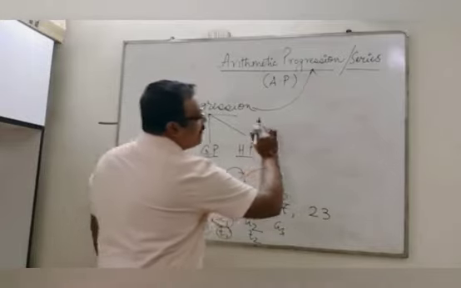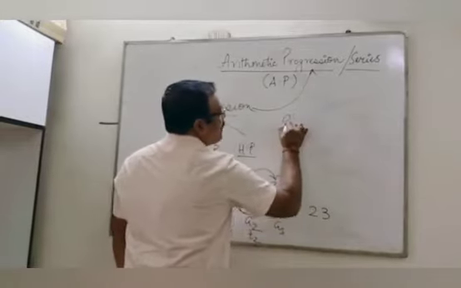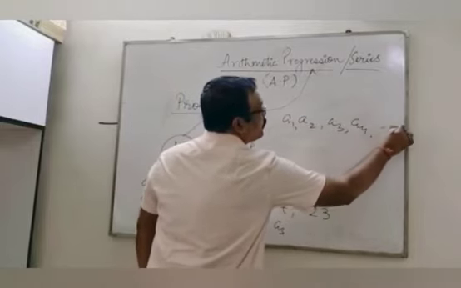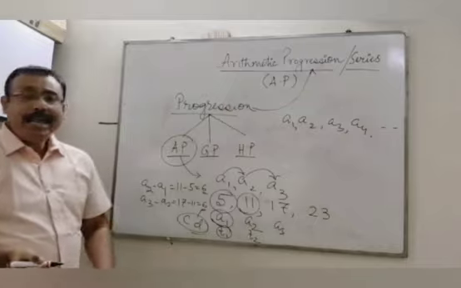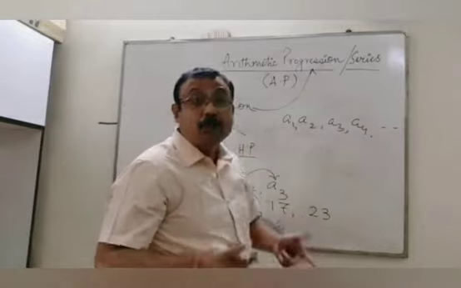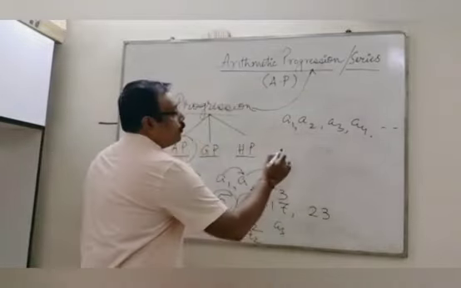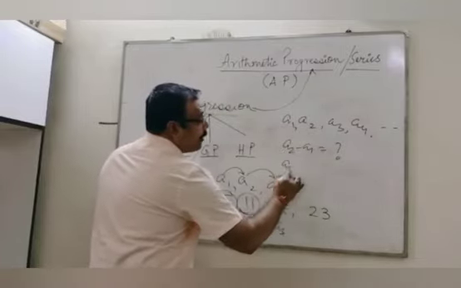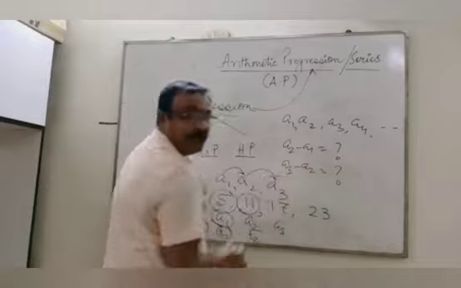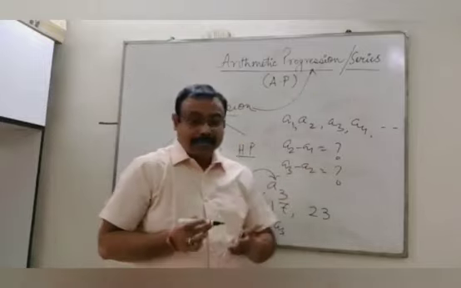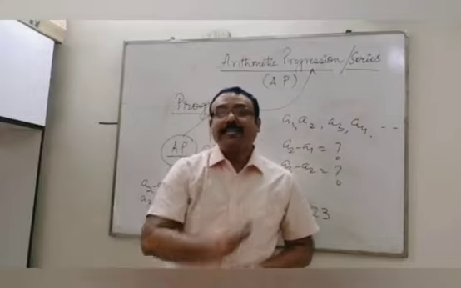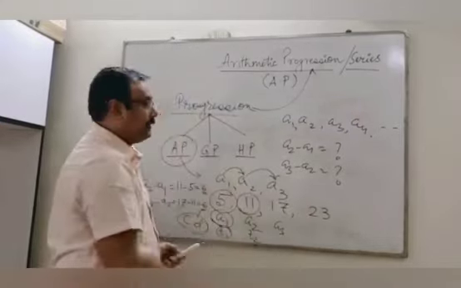So if I am given any particular series, A1, A2, A3, A4 and so on, and it is asked whether it is an AP series, how should I check it? We will find A2 minus A1, the common difference. We will find A3 minus A2, the common difference. And if these two common differences are the same, we will say it is an AP series. We'll check out a sum with this.